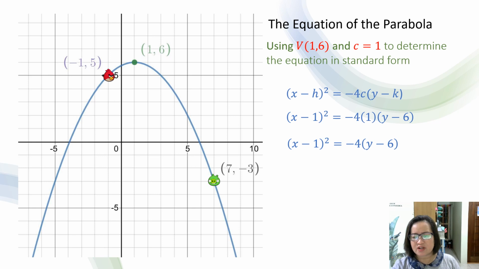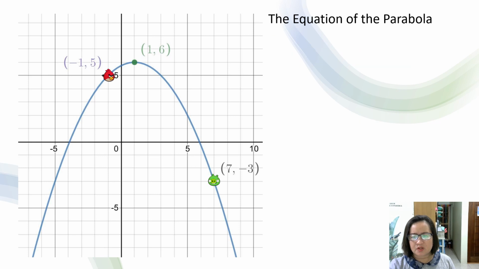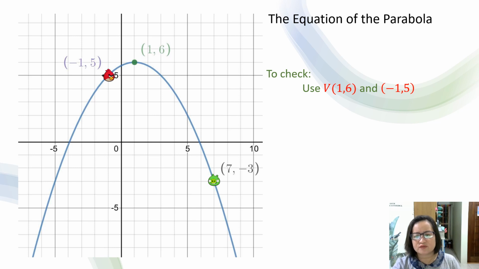Simplifying further, we will have the square of x minus 1 equals -4 times the quantity y minus 6. Are we done? Yes. We can check whether we have found the correct equation of the parabola.